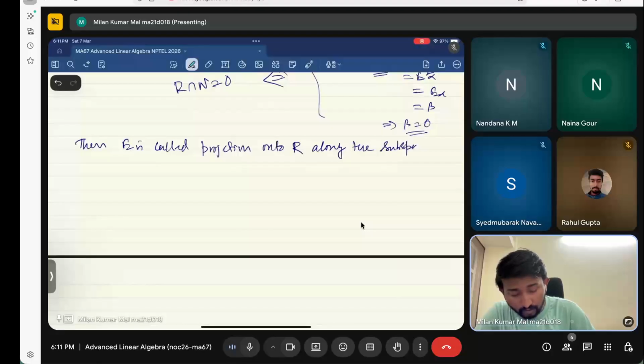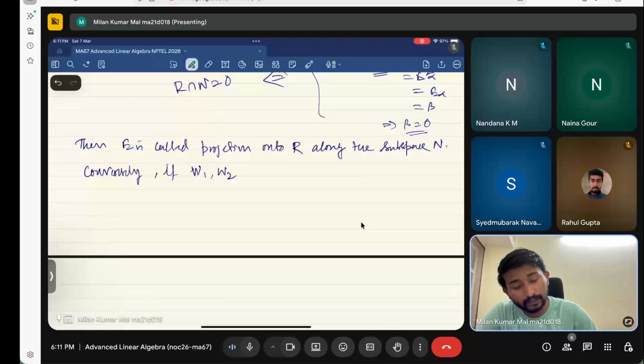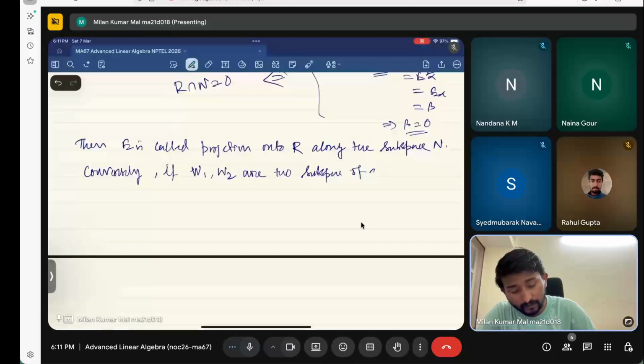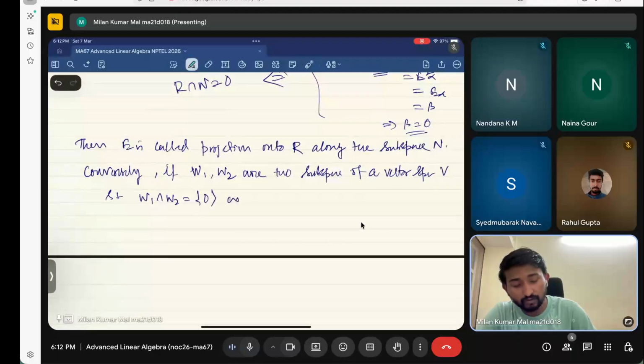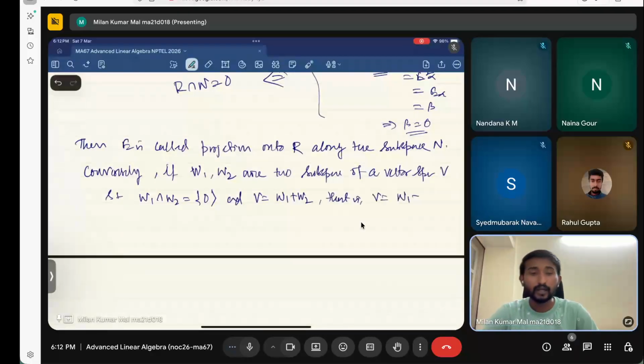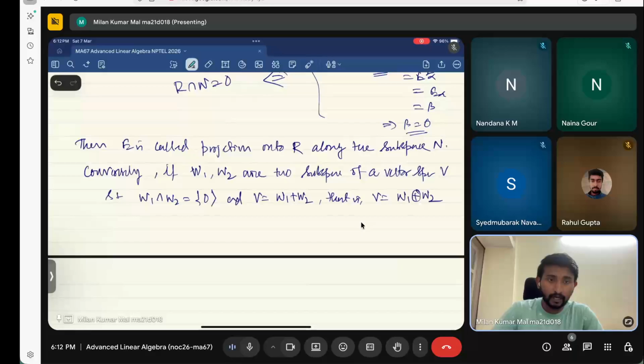Conversely, if W1 and W2 are two subspaces of a vector space V such that W1 intersection W2 is equal to 0 and V is equal to W1 plus W2, that is, combined one can say that V is the direct sum of W1 and W2, and this fact has a generalization for k subspaces, but if that is required then I will discuss it.